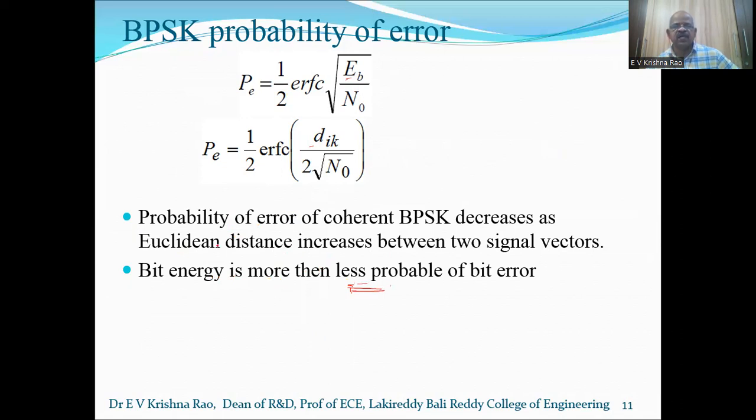So if the equivalent distance increases, the probability of error decreases. This is the well-known probability of error of BPSK: half the complementary error function of root EB by N naught.